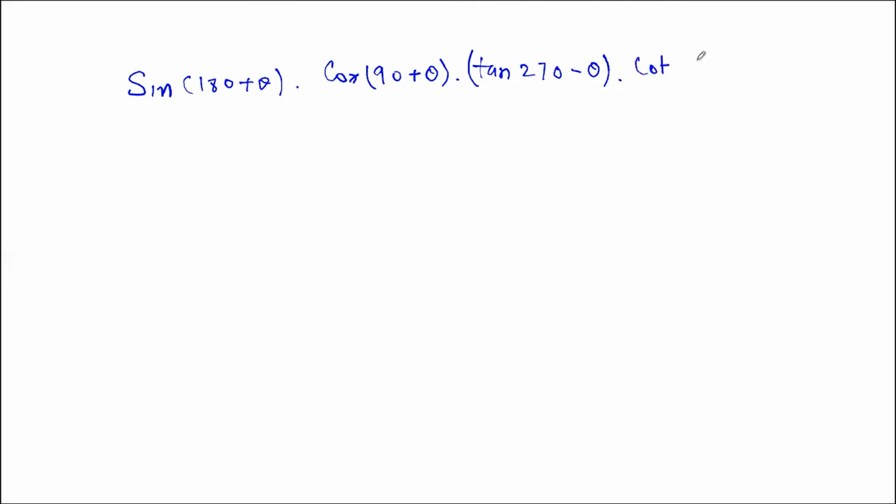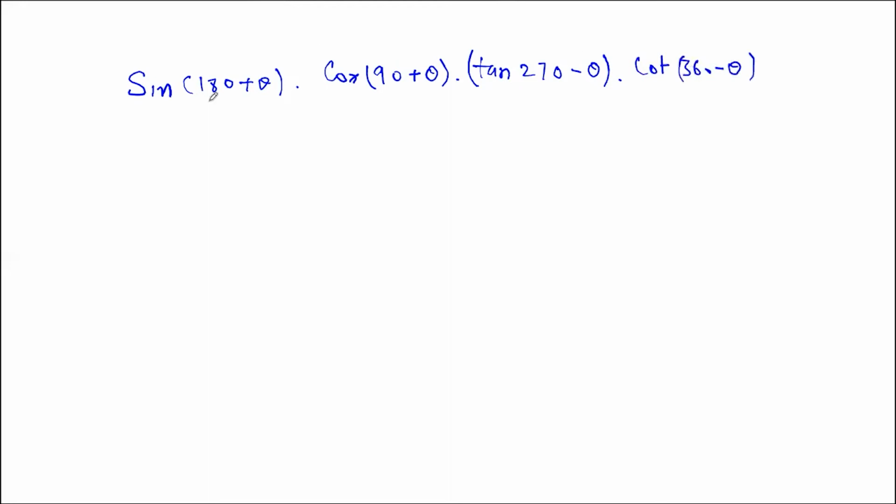If I'm writing sine 180 plus theta into cos 90 plus theta, right, into tan 270 degree minus theta into cot 360 degree minus theta, right? So everything I have taken.